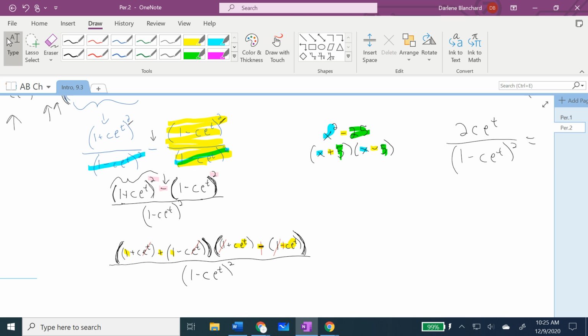And then you're going to plug into the differential equation, preferably a simplified version of your first derivative and the equation you were given, and play with the algebra until you reach a point where it says true.